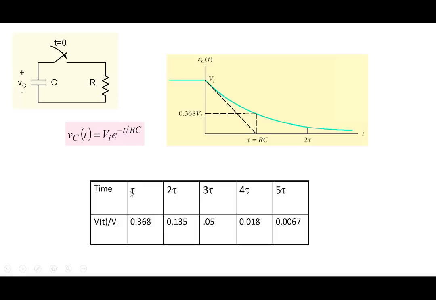And so after 1 tau, after 1 time constant, the voltage has fallen to 0.368 of its original value. Then after 3 time constants it has fallen by 95%, and like that, 4 tau and 5 tau, it continuously decreases with time.